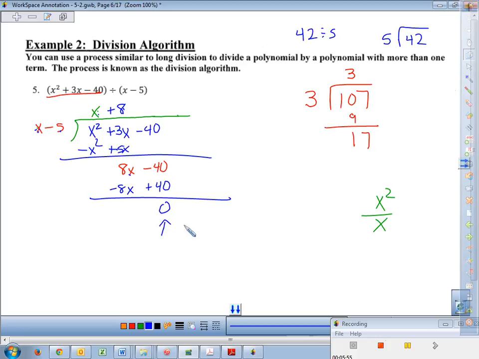That means that x minus 5 went into x squared plus 3x minus 40 evenly, right? It totally happened. Is that all cool with you? So we got a remainder of 0. What we want to do is recognize what's the quotient and what's the remainder. So we will label this quotient.